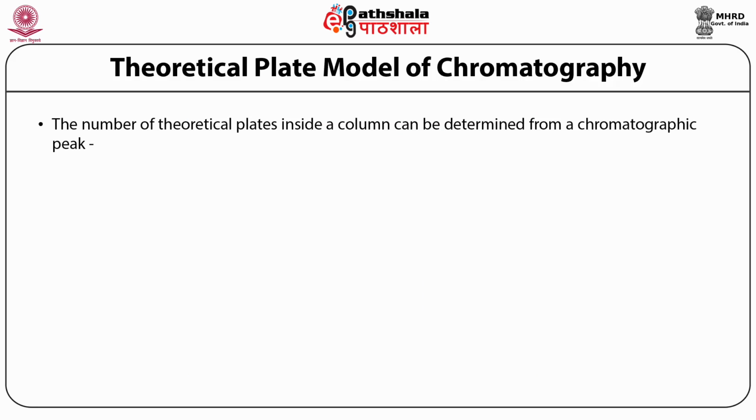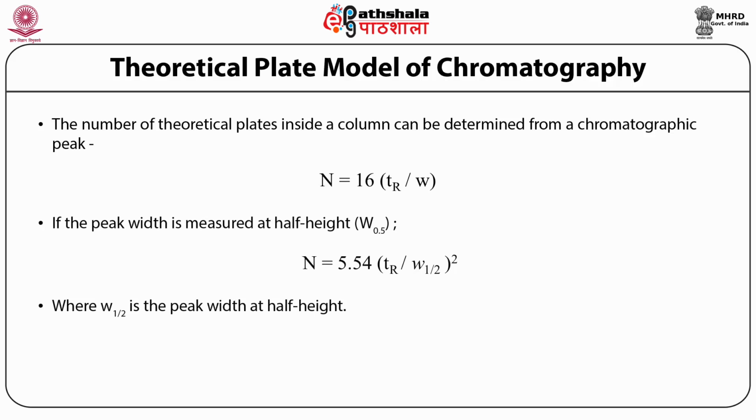The number of theoretical plates inside a column can be determined from a chromatographic peak. N is given as 16 times the retention time of the given analyte divided by its peak width, squared. Also, using the peak width at half height, we can derive the N. The formula is given herewith.